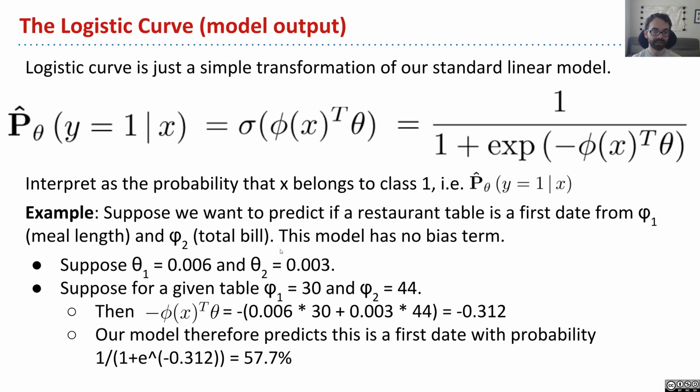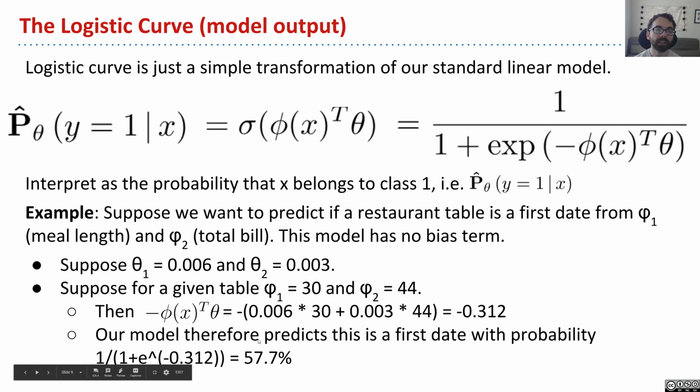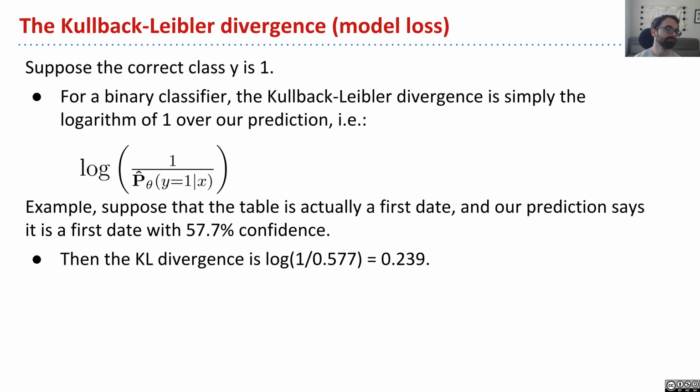Given the theta and phi values like this, we get predictions about whether or not we belong to a certain class. Now, how do we know the quality of our predictions? Well, we could use the L2 loss, but what we usually use is the KL divergence.